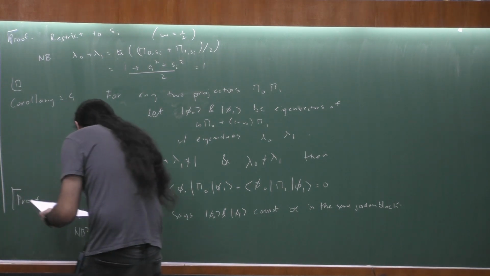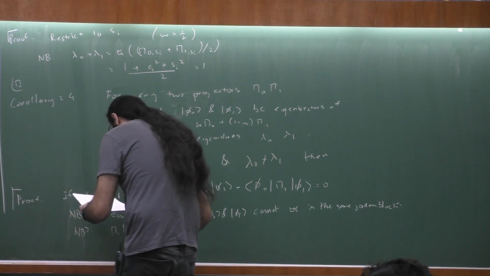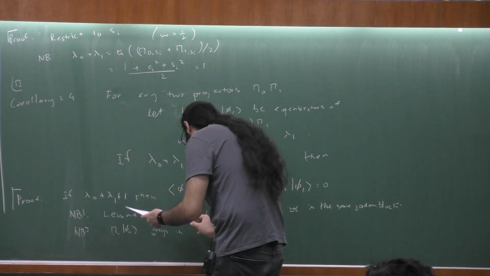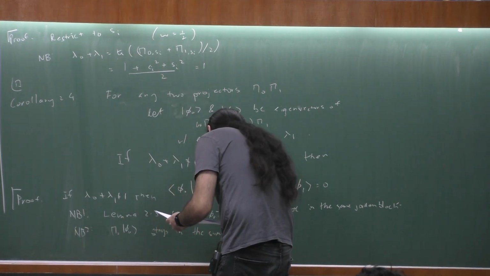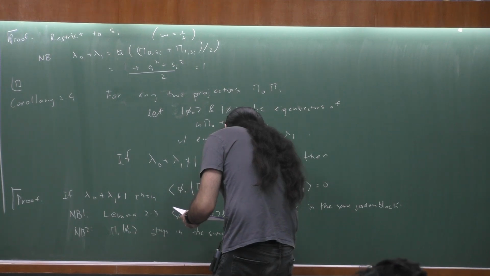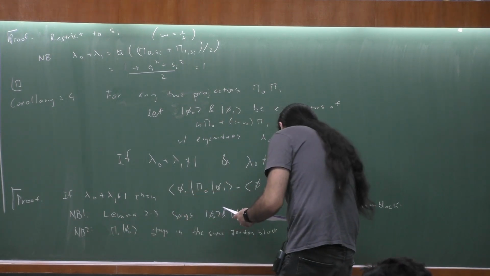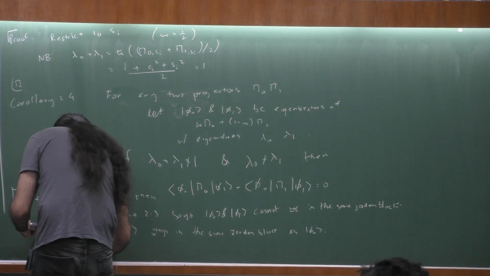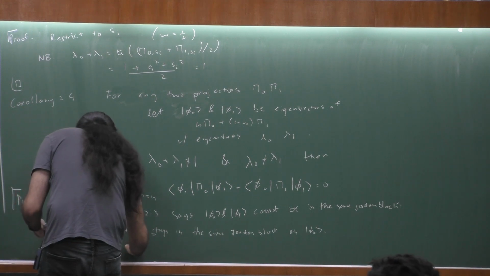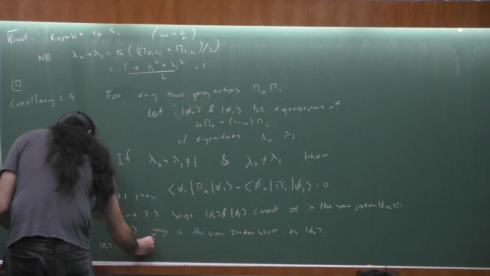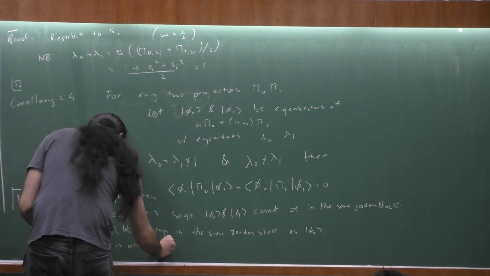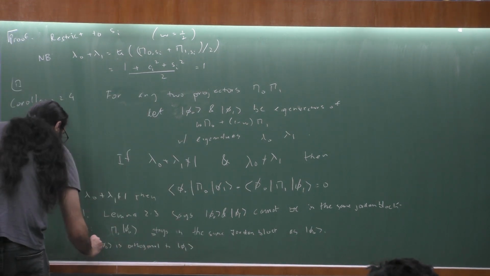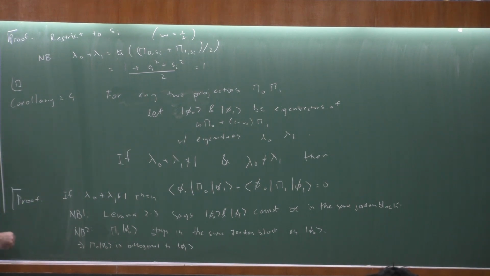And the second is pi 0, phi 0 stays in the same Jordan block, by the previous lemma, 2.2. And so this implies that pi 0, phi 0 is orthogonal to phi 1. Okay, so that completes the proof.